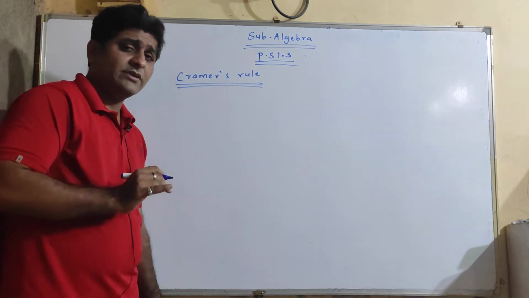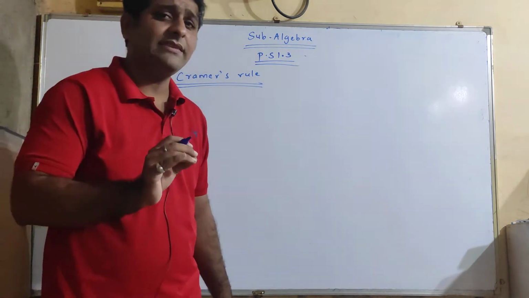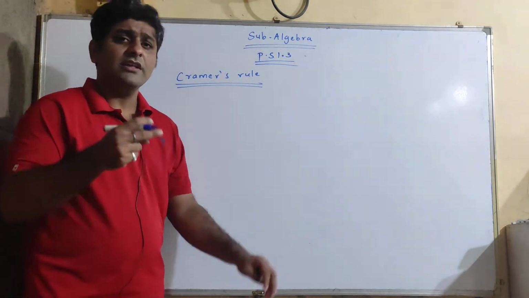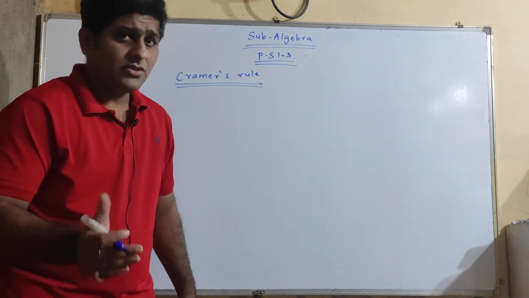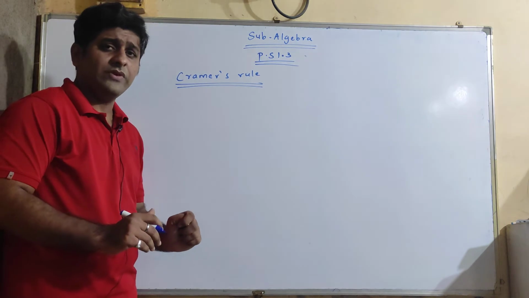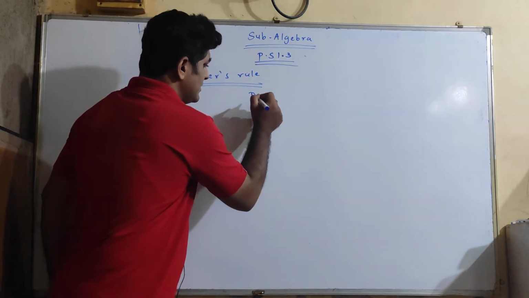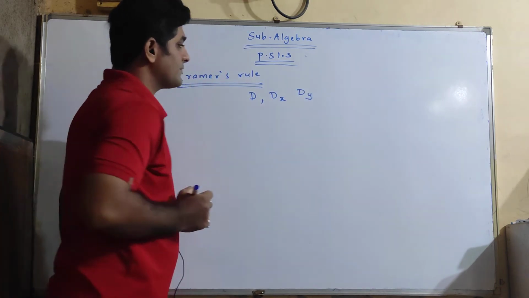Now in Cramer's rule, considering that our equations are in x and y, in Cramer's rule we are supposed to find three determinants, and the three determinants are D, Dx and Dy.